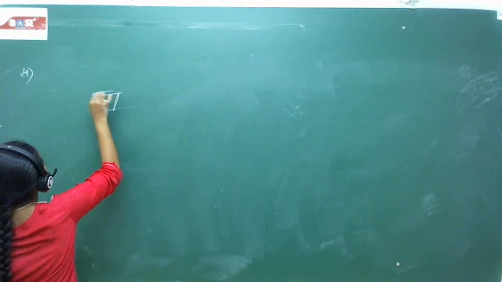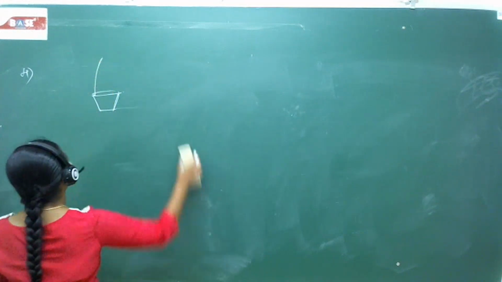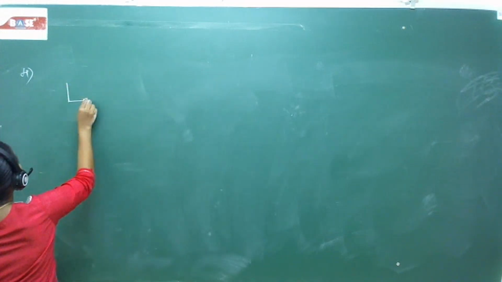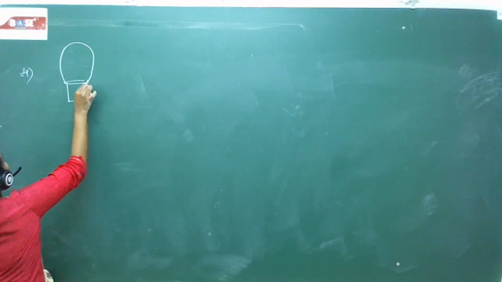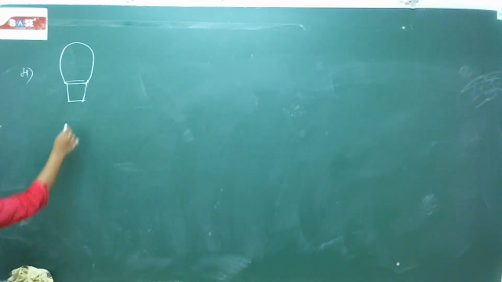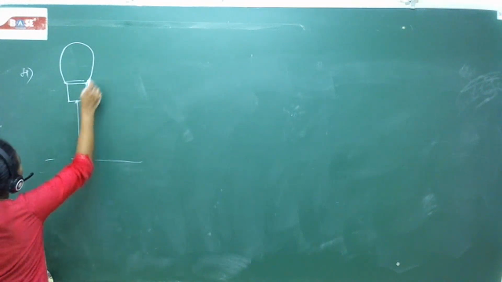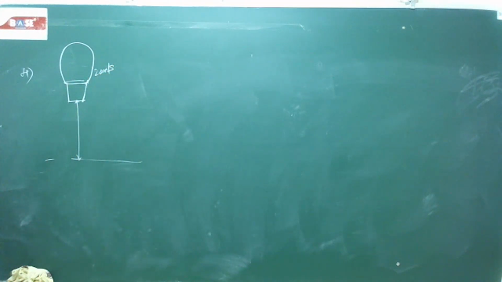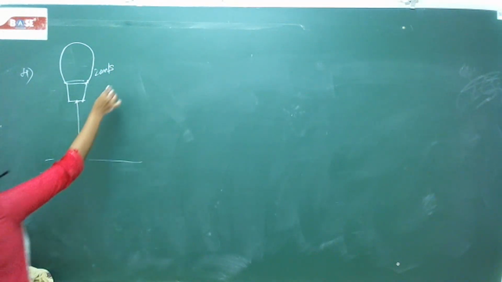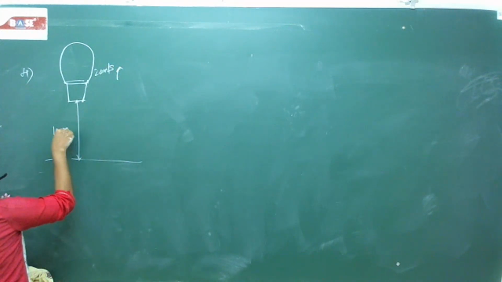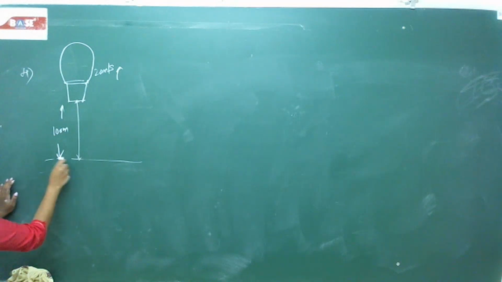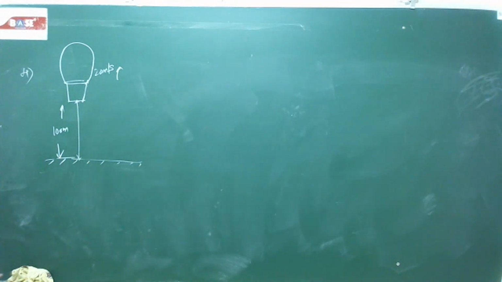Now, one more example. Here, a balloon is rising at 20 meter per second. This is a balloon which is rising at 20 meter per second, placed at a height of 100 meter above the ground.